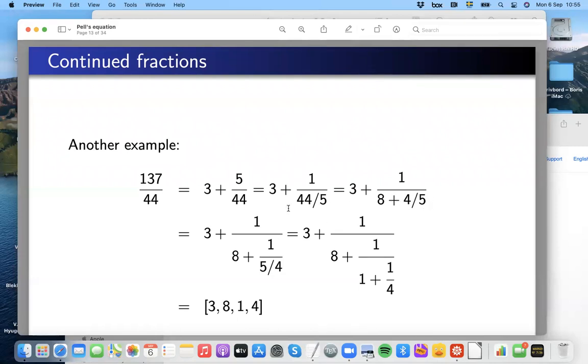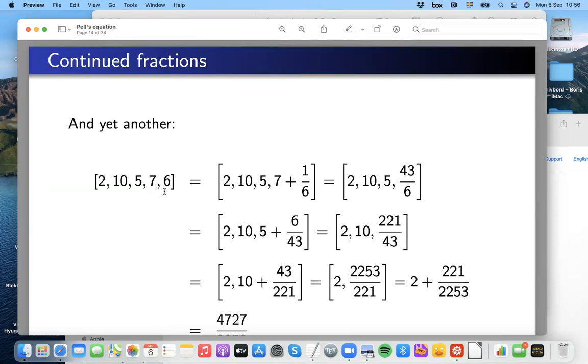So you invert it, you get 3, 8, 1 over 5/4. So you get 3, 8, 1, and this is already in prepared form, 1 divided by 4. So you have a sequence 3, 8, 1, 4.